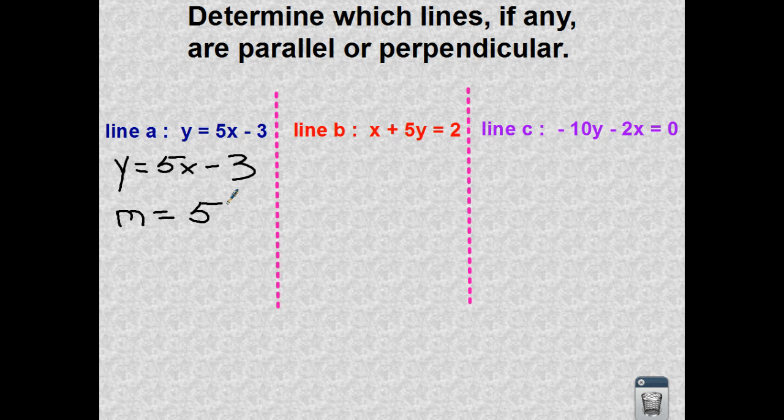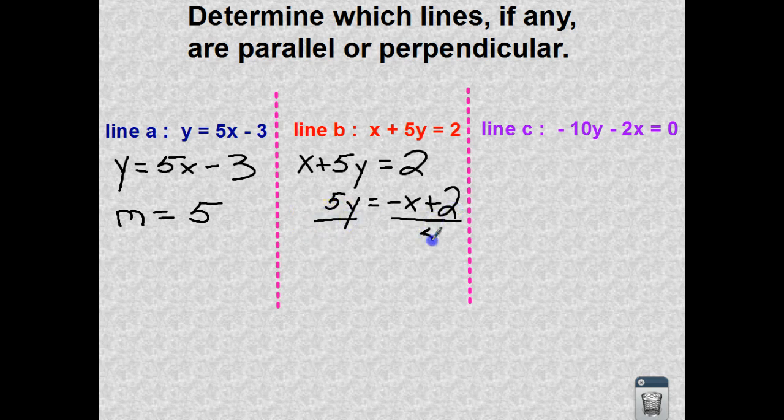Line B, we're going to have to do some rearrangement of the equation. So let's stabilize the y. We've done a lot of these this year. Bring that x to the right. And now we need to solve for y, so both sides get divided by 5.